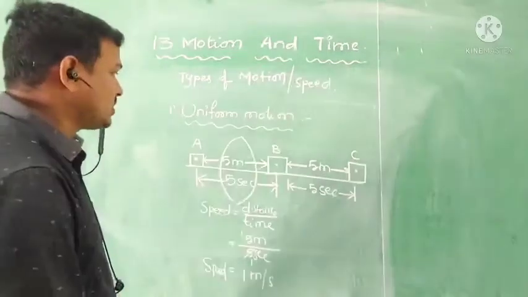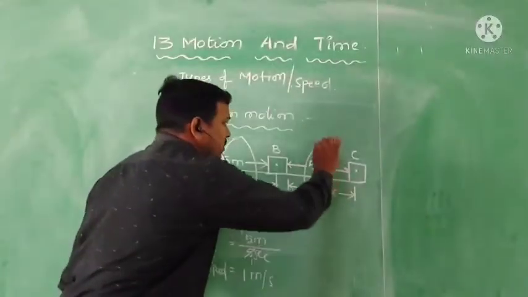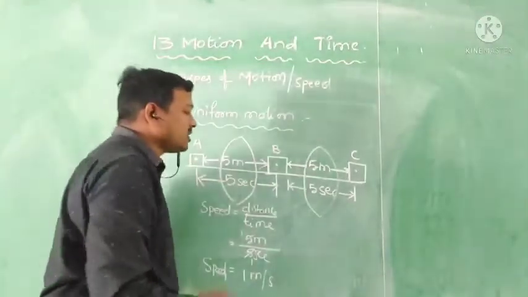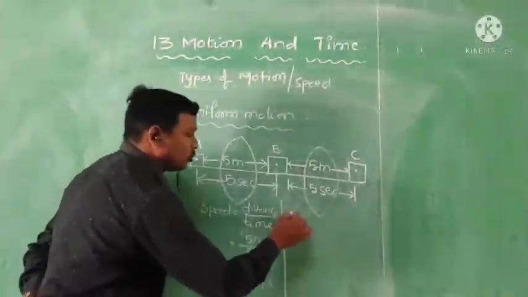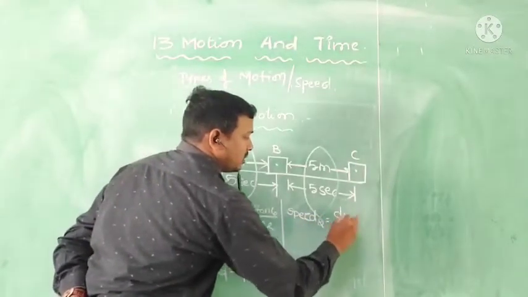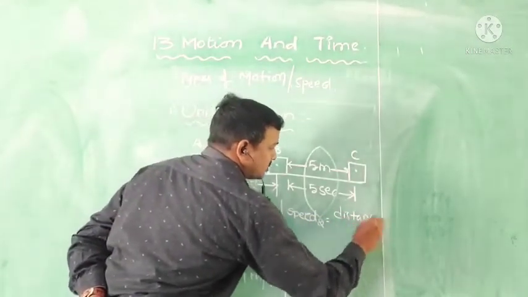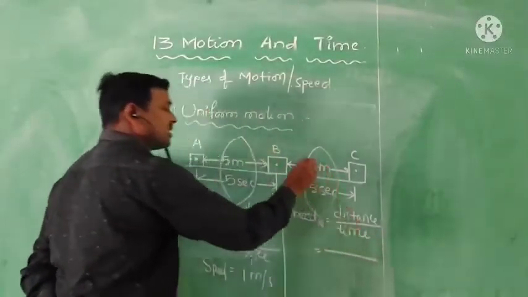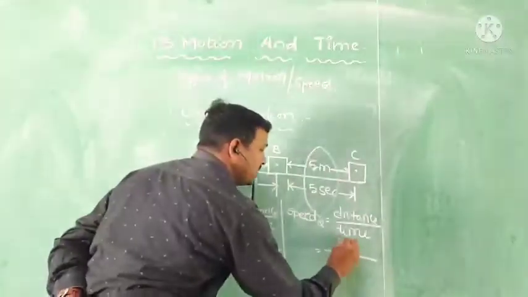Now we discuss situation 2, from B to C. Speed 2 is distance by time. What is the distance he covered from B to C? 5 meters.